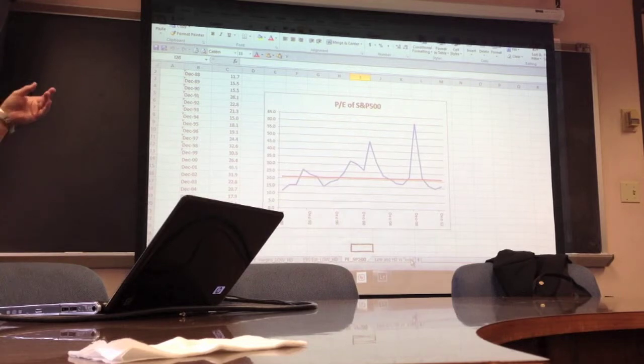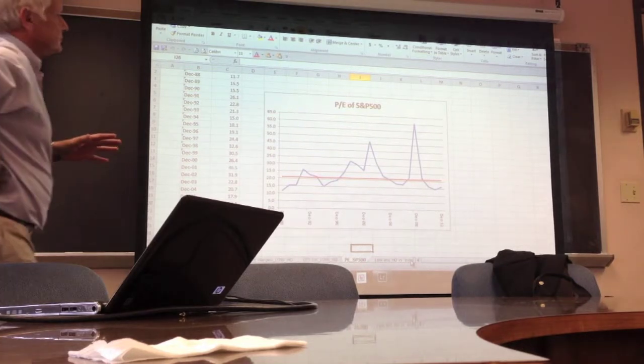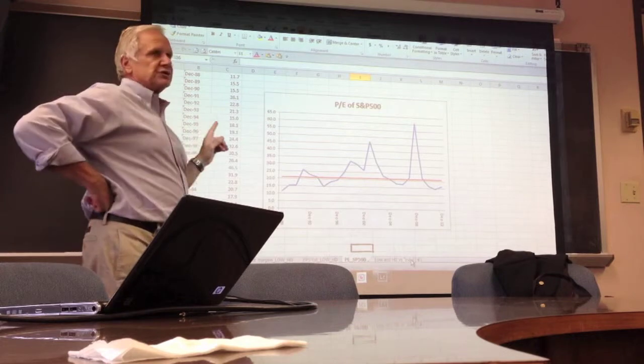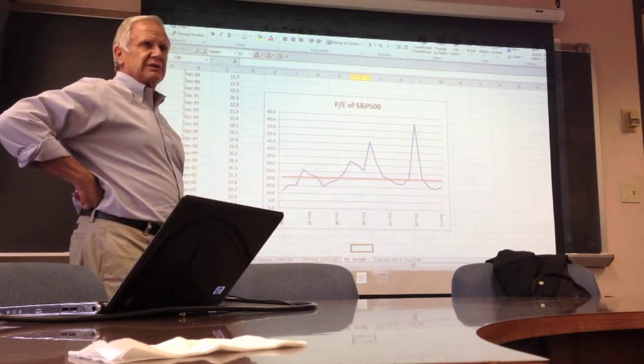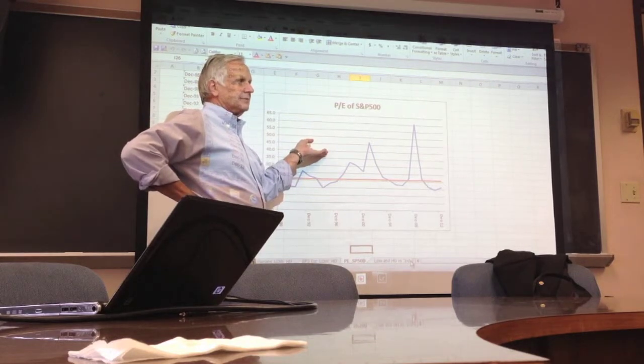I could show you a longer chart of this, and what you'll see is that the PE will closely follow, first of all, interest rates. The lower the interest rates, the higher the PE of the S&P 500.